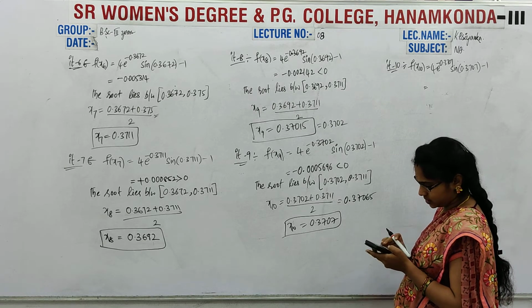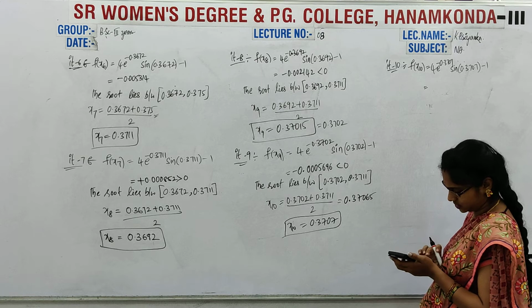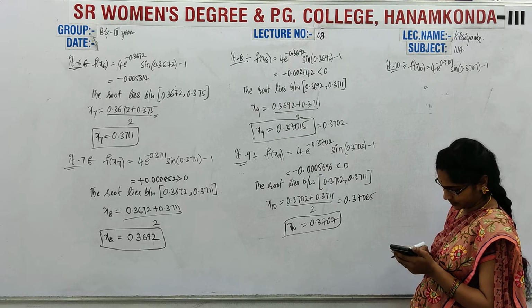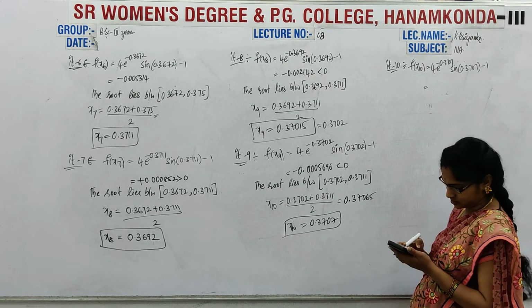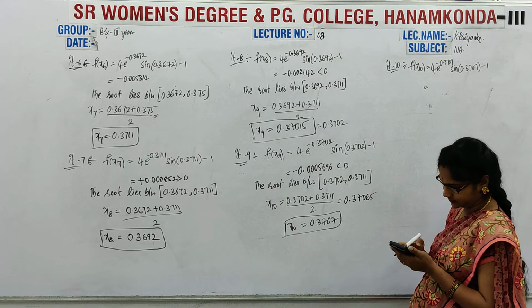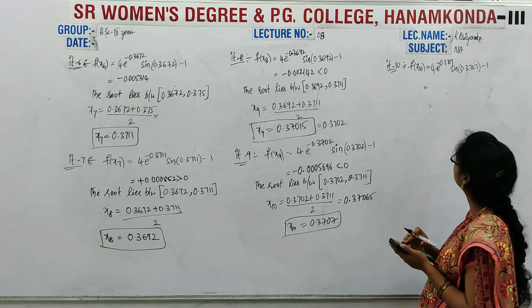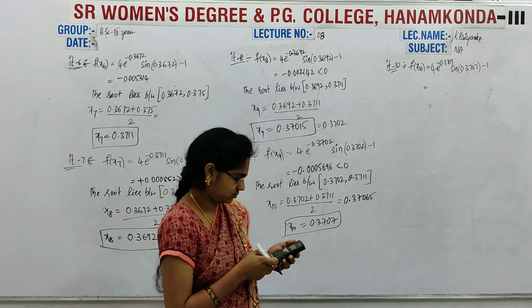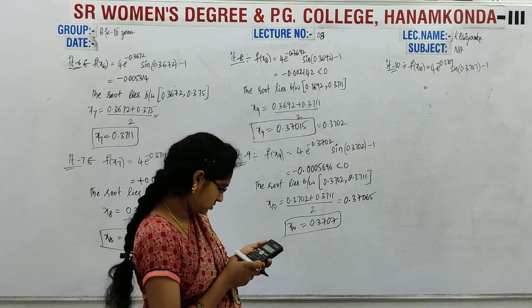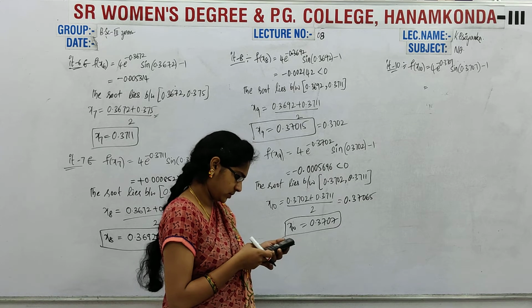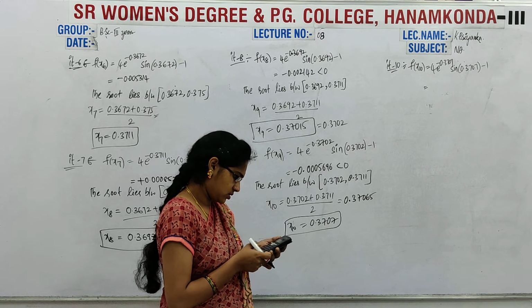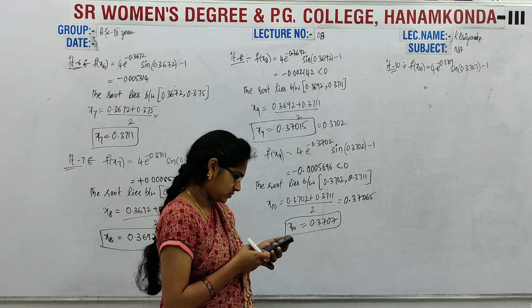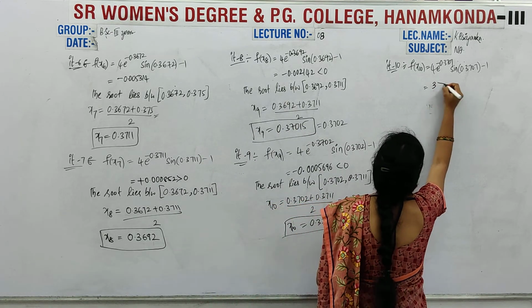Now e power 0.3707 into sine of 0.3707, close the bracket, into 4 minus 1. We get 3 only, which is greater than 0.